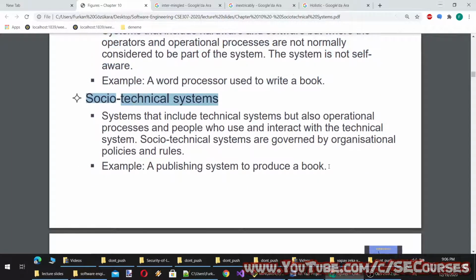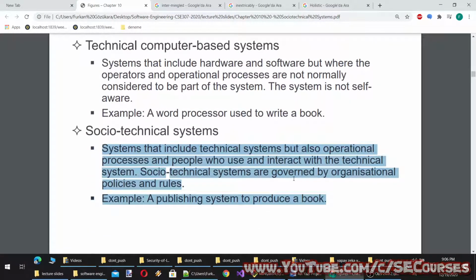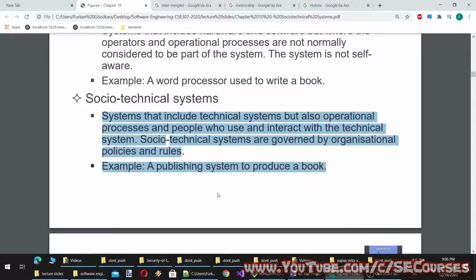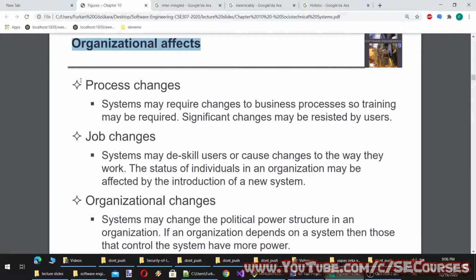And socio-technical systems: systems that include technical systems but also operational processes and people who use and interact with the technical system. Socio-technical systems are governed by organizational policies and rules. Example, a publishing system to produce a book.